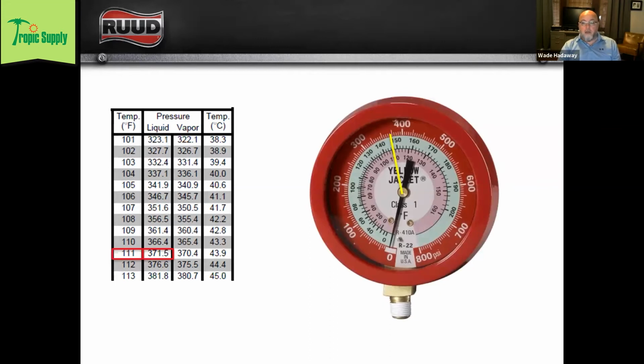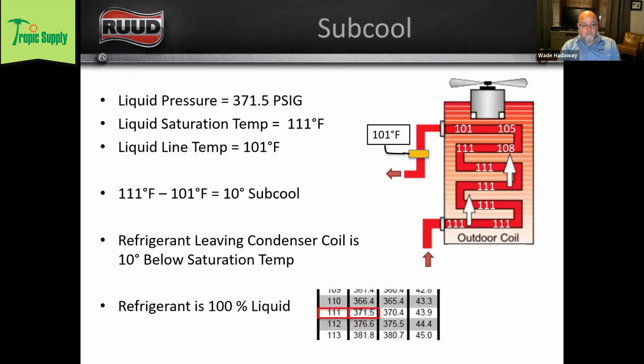So 371, 111 degrees Fahrenheit. We're going to take our gauge pressure and convert that gauge pressure to saturation temp: 371.5 psig, 111 degrees Fahrenheit.